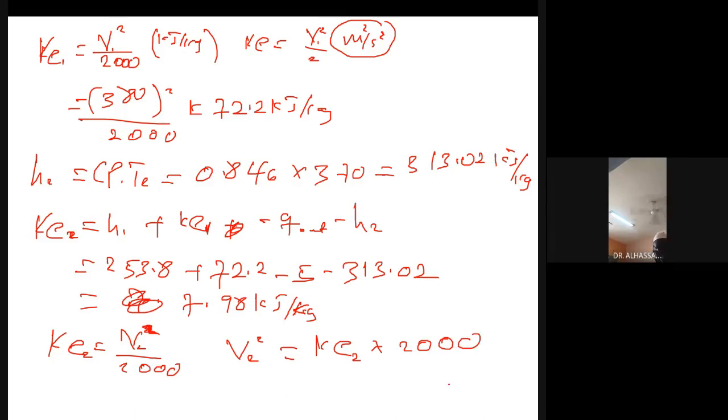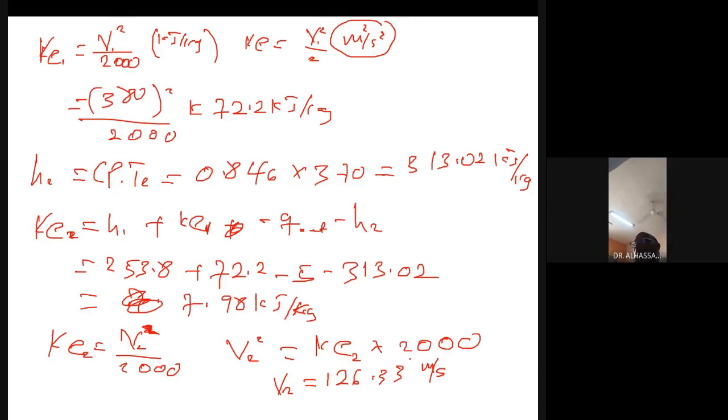If you take the square root of both sides, V2 equals to 126.33 meters per second. So this gives us the velocity at the exit.